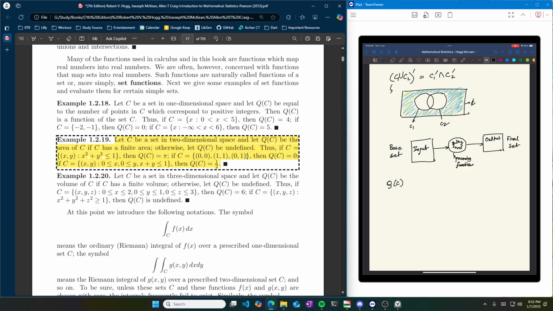Q(C) is coming from the real space, the two-dimensional space, R2, and it is outputting to R, nothing else, right?